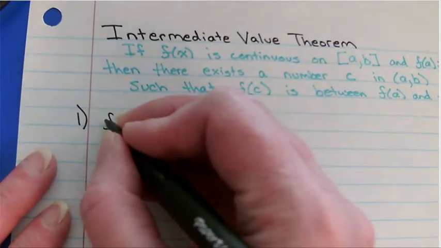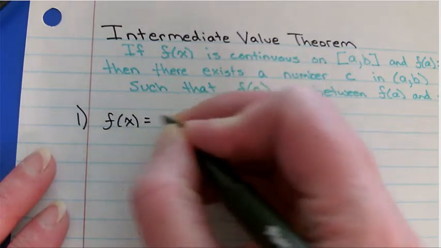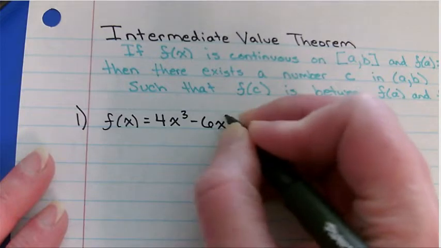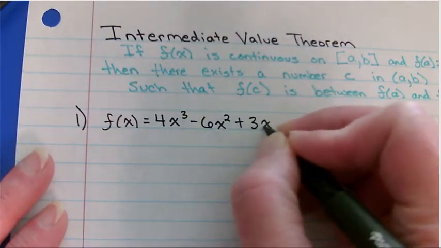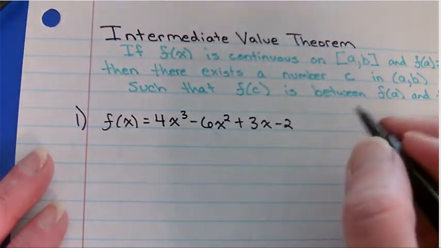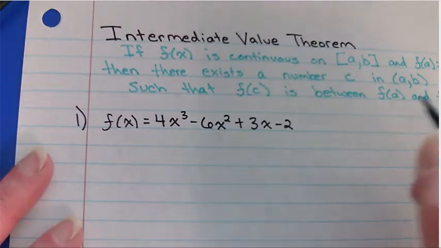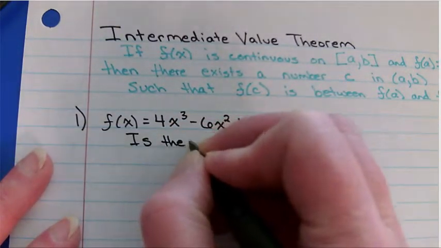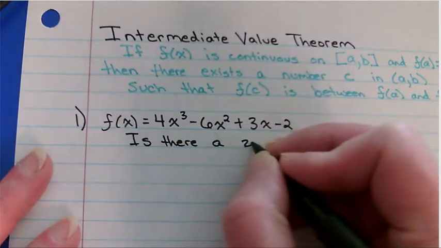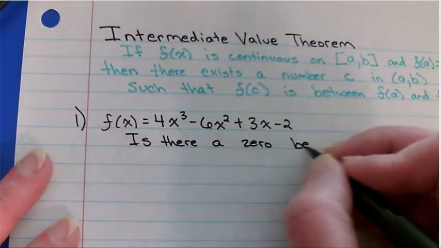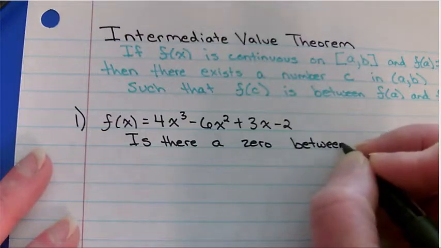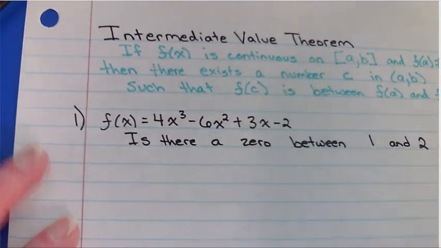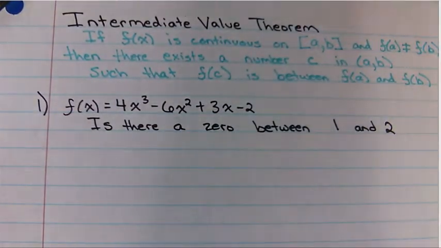Given f of x equals 4x cubed minus 6x squared plus 3x minus 2, is there a 0 between 1 and 2? In other words, the x values 1 and 2.